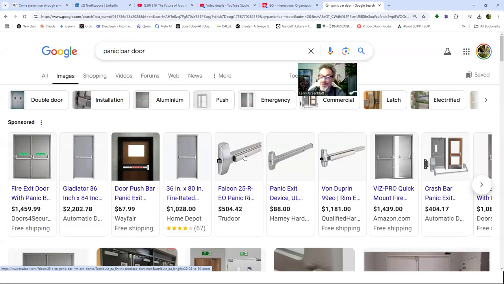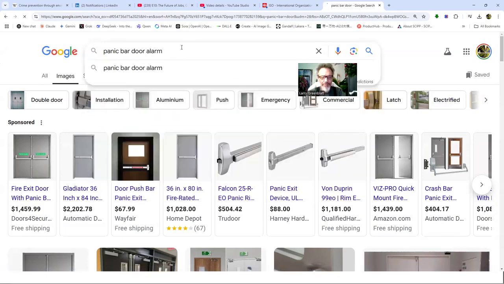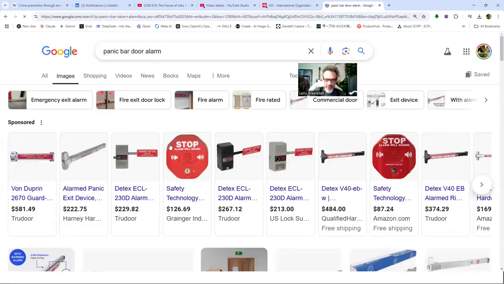Detection. I need detection. You alarm that door. I know I can't keep you locked in, but I need to know, because that's only supposed to be used in an emergency. If there was an emergency, why am I hearing that alarm ring? Got it?